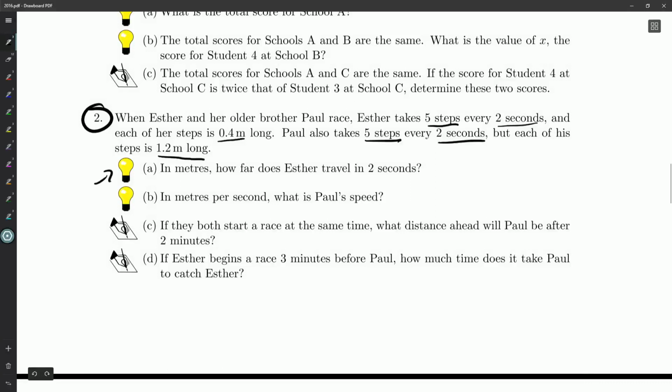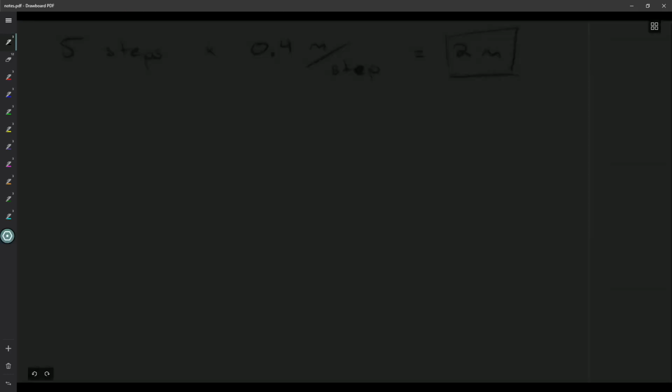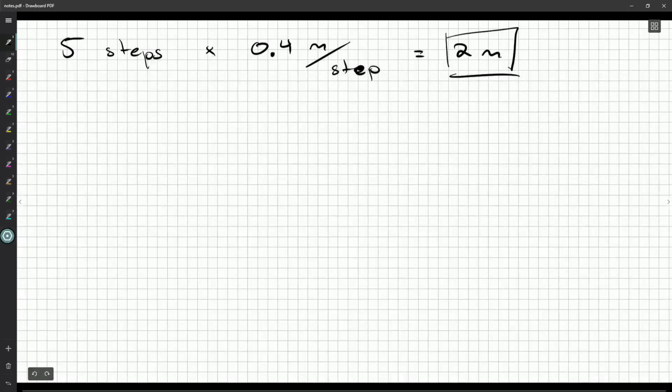For B, in meters per second, what is Paul's speed? Well, we know how long each of Paul's steps are. We know how many steps he takes per second. So, we can do our nice little calculation here. 5 steps for Paul, well, that's 1.2 meters per step. 5 times 1.2, that'd be 5 times 12, or 60.